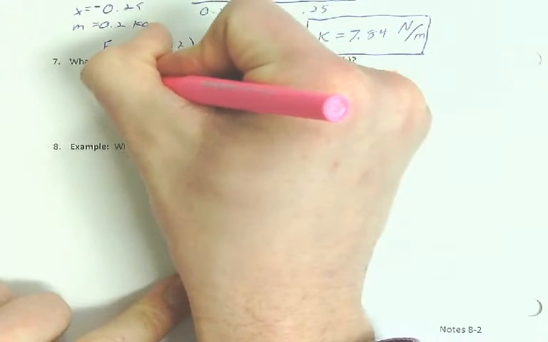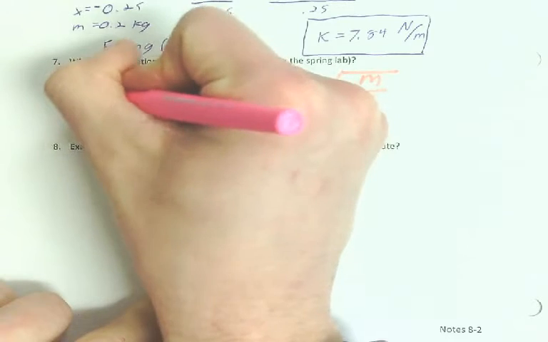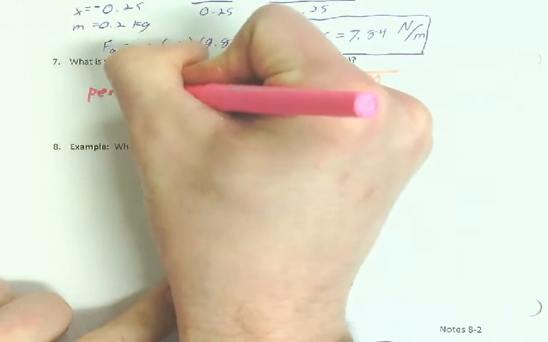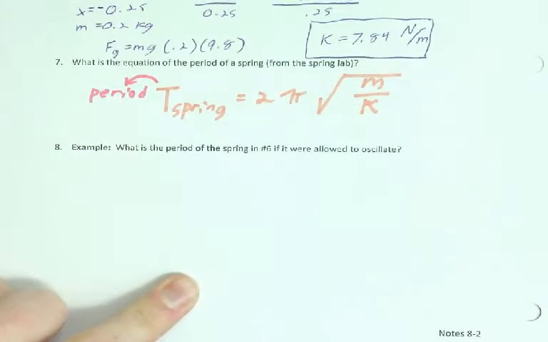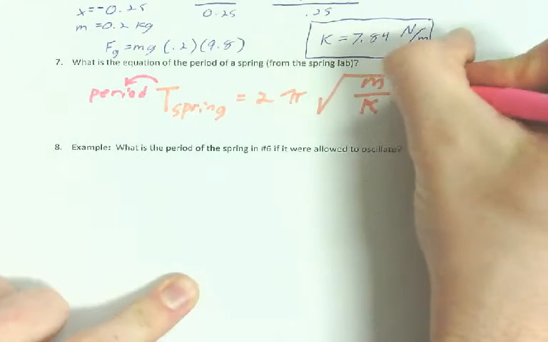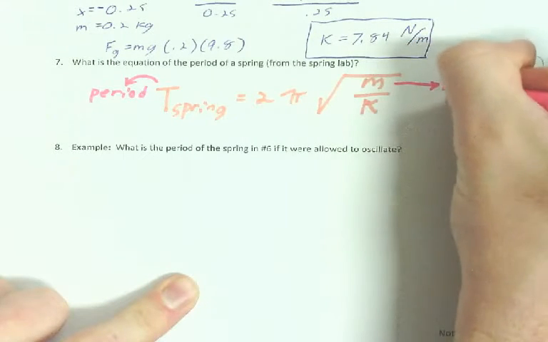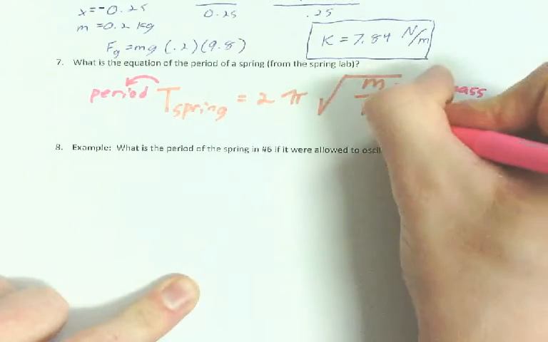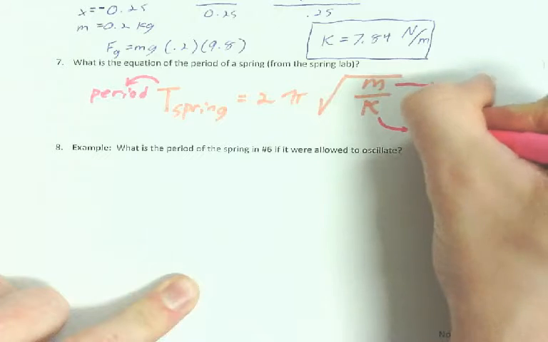Capital T is period, which again, remember, period is the time for one oscillation. M is mass. K is spring constant.